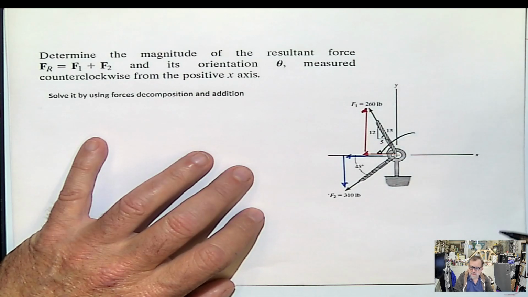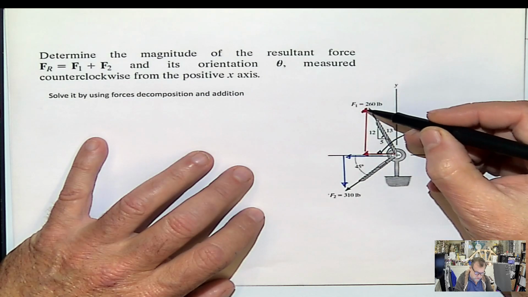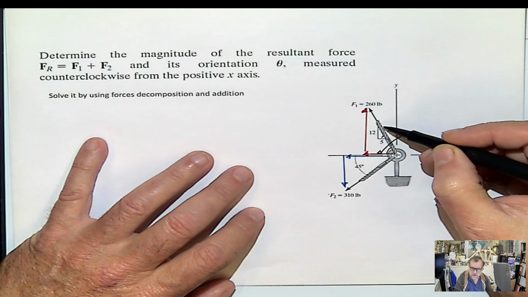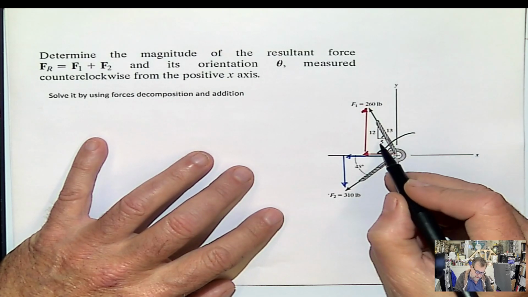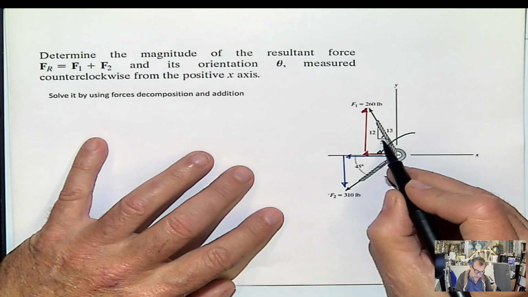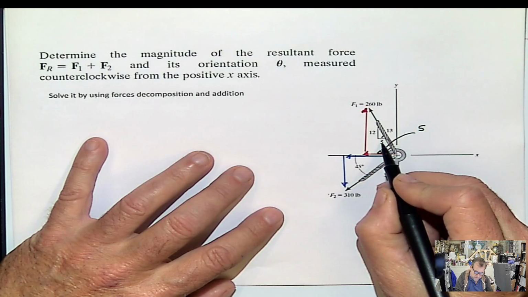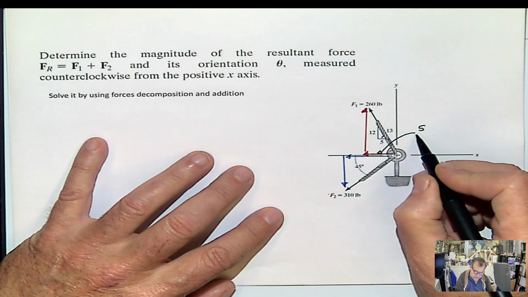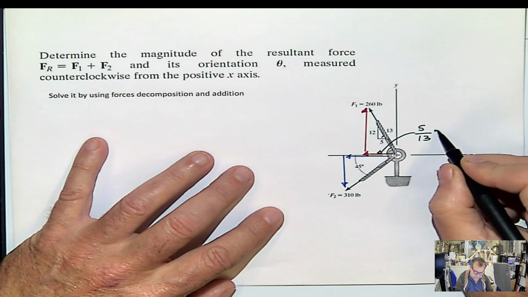Basically, what the problem is telling you is to compare this triangle of forces with this triangle of geometry here, because they are similar. So if I have to find the horizontal component, I just have to take that value in the little triangle, divide by the hypotenuse, and multiply by the value of the force.